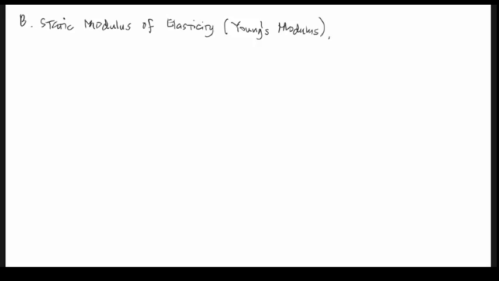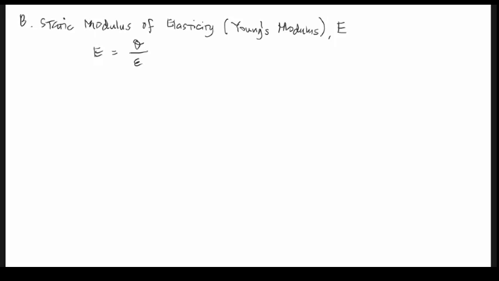And the symbol for this is letter E. So that is static modulus of elasticity. The simple formula for this is the stress over the strain of your concrete. So from the theory of structure, your stress is in sigma, your strain is in epsilon. So that's sigma over epsilon.